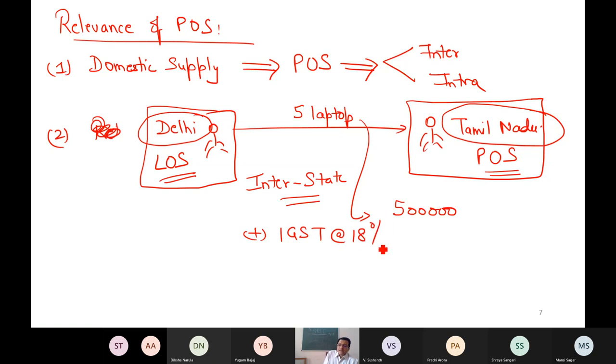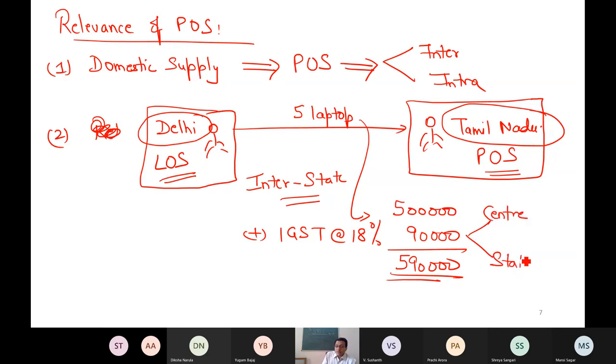Let us assume 18%, so IGST is 90,000. Now the question arises, as we know that IGST is shared 50-50: 50% center, 50% state. So 45,000 of revenue will go to the center and 45,000 to the state. But again the question arises, which state? Will Delhi get the revenue or Tamil Nadu? The answer is Tamil Nadu. Now this is my second relevance.